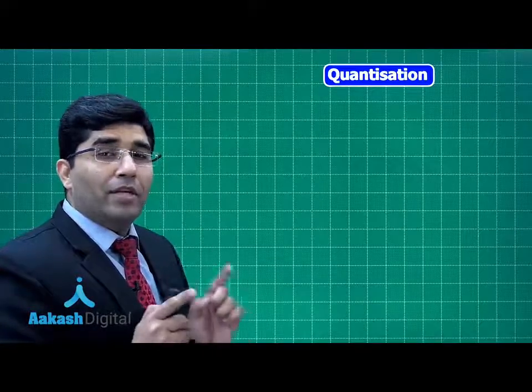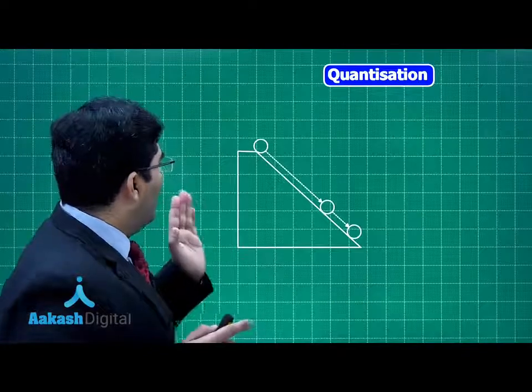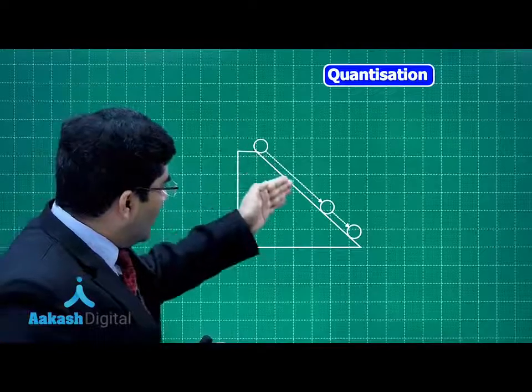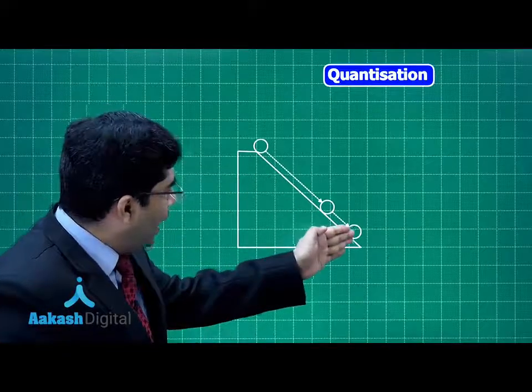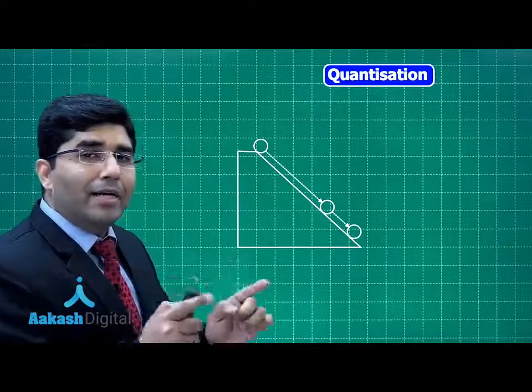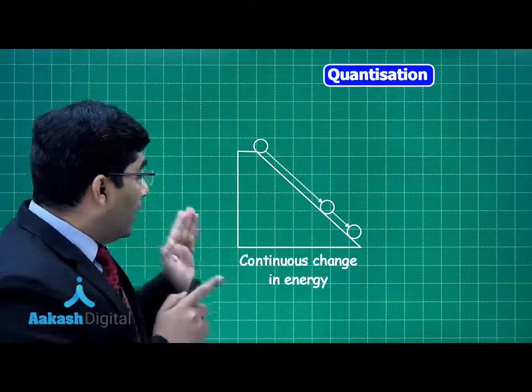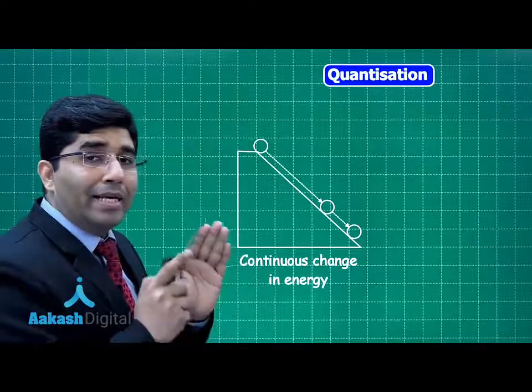Now guys, to understand Bohr's model, first we have to know about quantization. What is quantization? Let's take an example. This is a ball going down a slope and its energy is decreasing continuously. So in this case, a continuous change in energy is taking place.